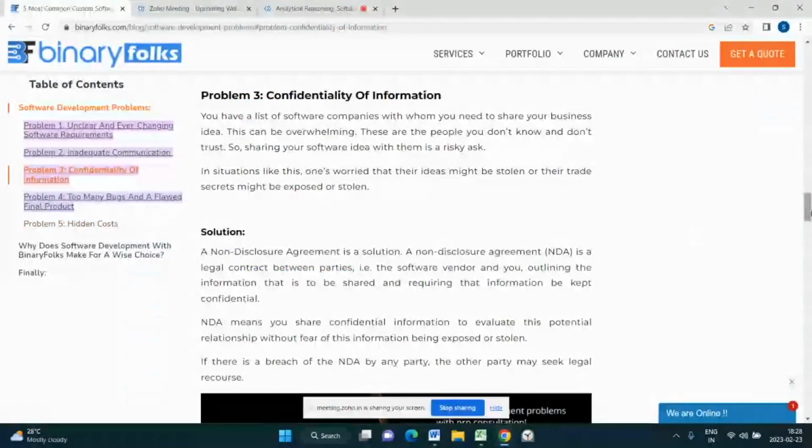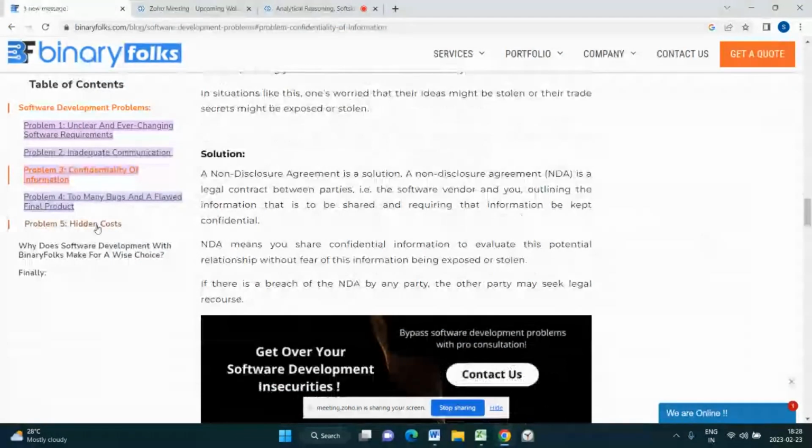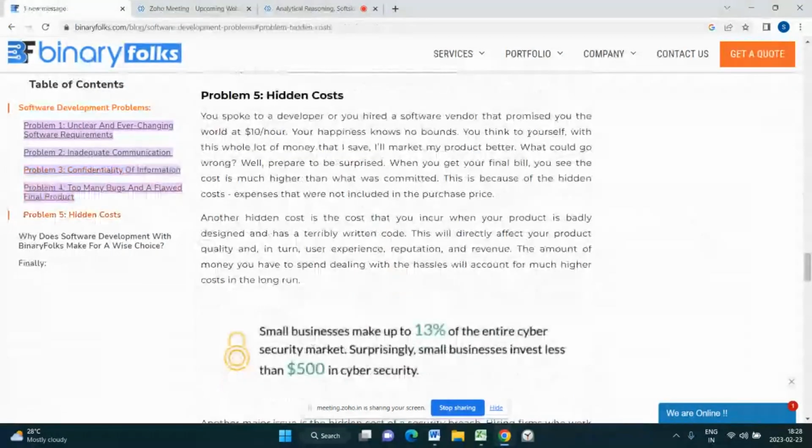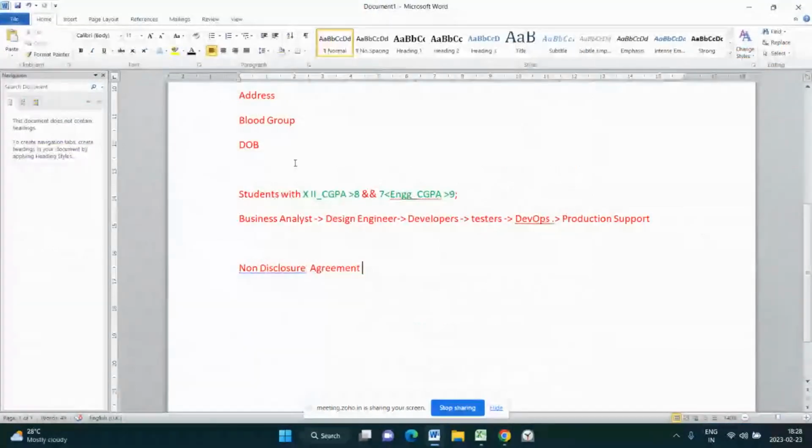Sometimes what happens is, during the development phase, we may not foresee some of the problems or implementations.